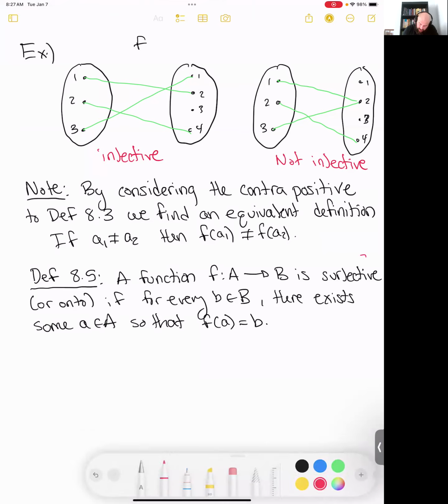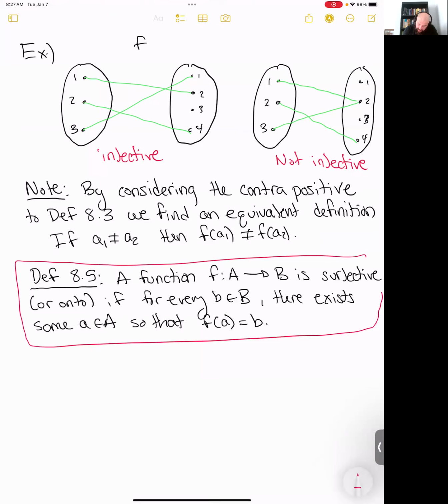Okay, so that's the definition of a surjection.